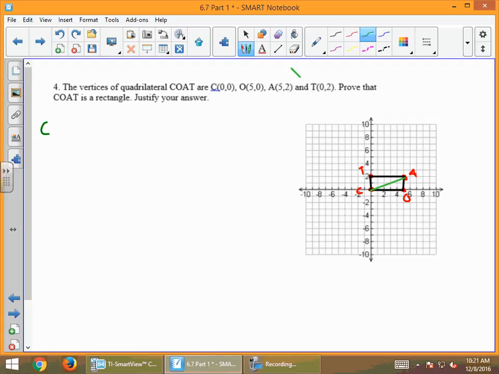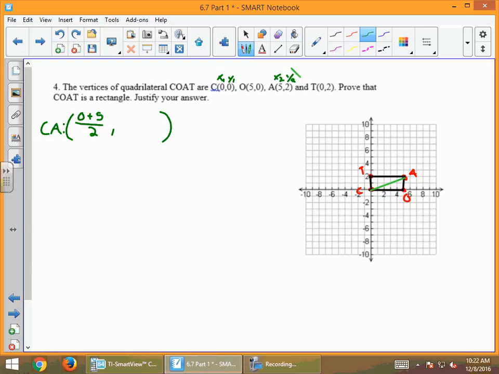So when I do CA, I'm going to leave myself some room here. Again, do that little formula, break it down. So C and A, call those X1, Y1. You don't really need those, but I like to stay consistent. So do the X's: 0 plus 5 divided by 2.